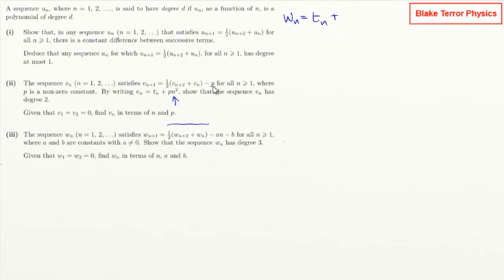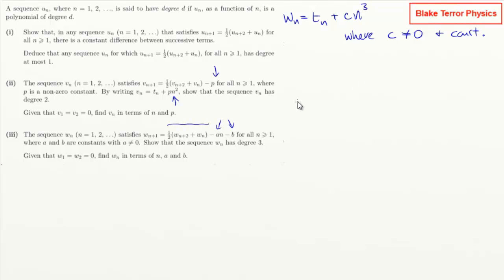Because they've picked out p here to go with that, but now we've got an a and a b, so I don't really know what I'd put there as the constant. So let's just come back to it. Maybe I'll just say c n cubed, where c is not equal to 0 and constant.